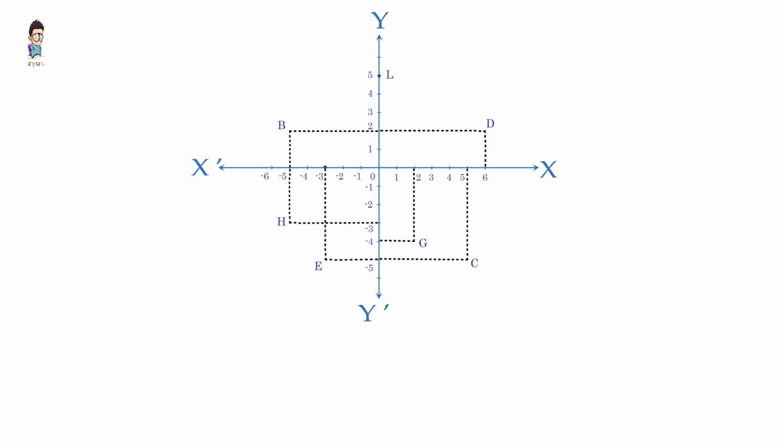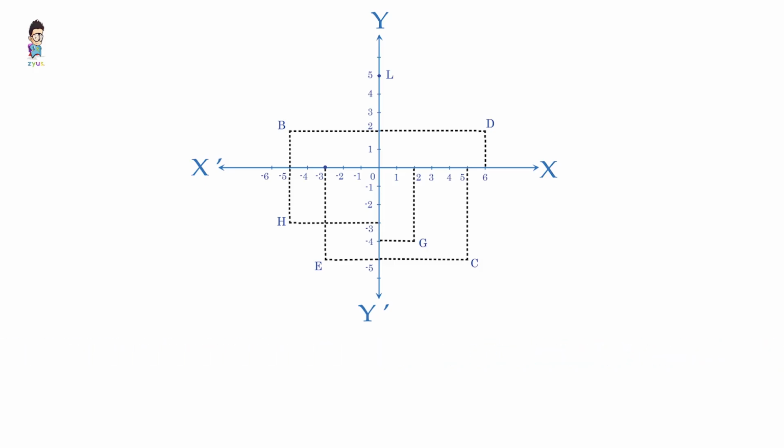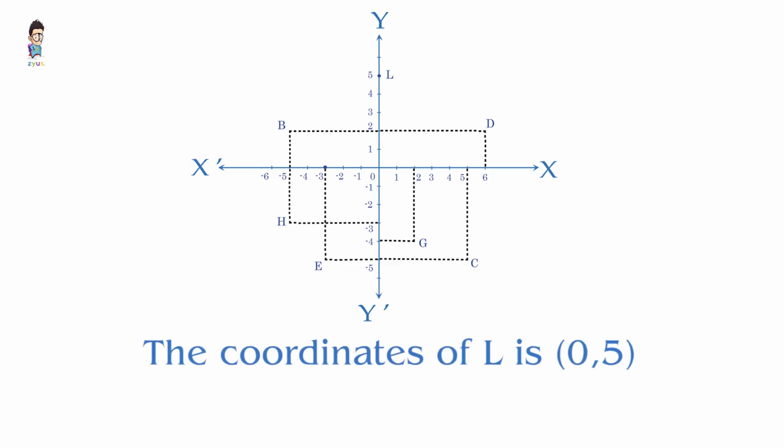What about the point M? It lies on the x-axis, so its y coordinate is equal to 0 and the coordinates of point M are -3, 0. Now, consider the point L. Here, L lies on the y-axis, so its x coordinate will be 0. So, the point is 0, 5.